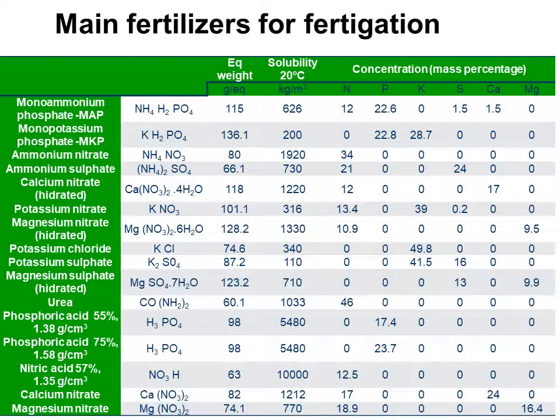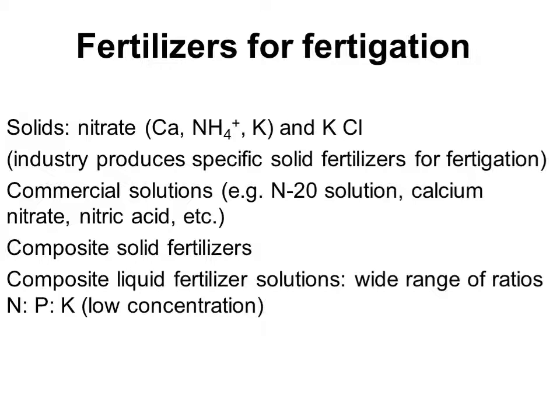Remember, this is related to elemental form. Okay? So, using this information that you have in the book, you can convert any amount of the element into amounts of the corresponding fertilizer that you need to put into the system.